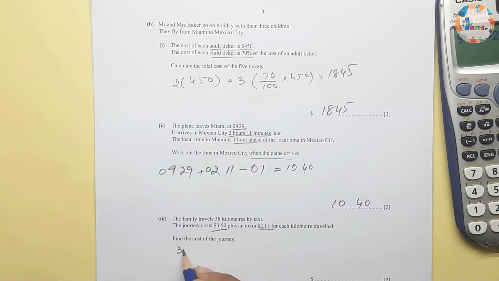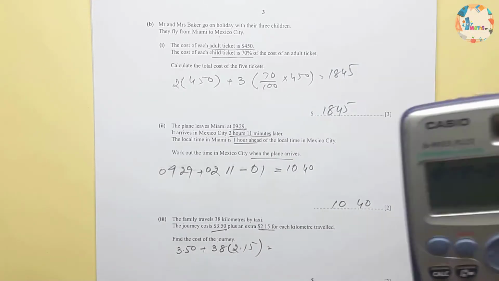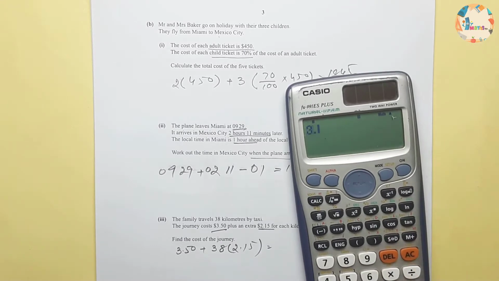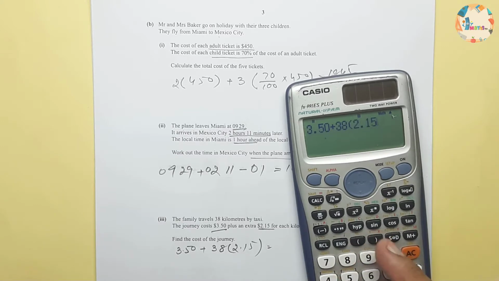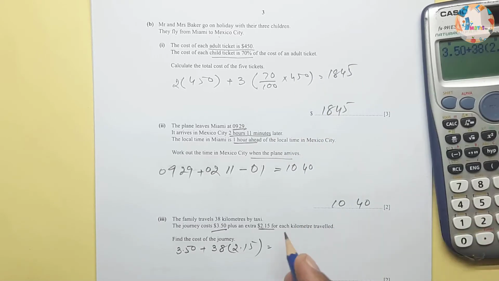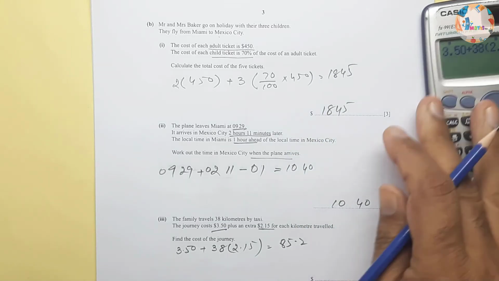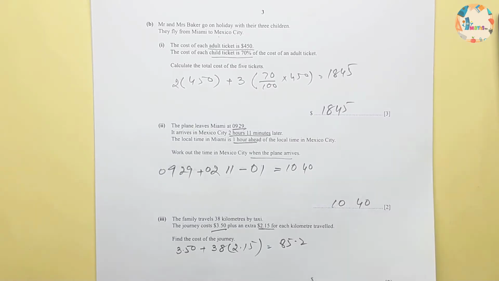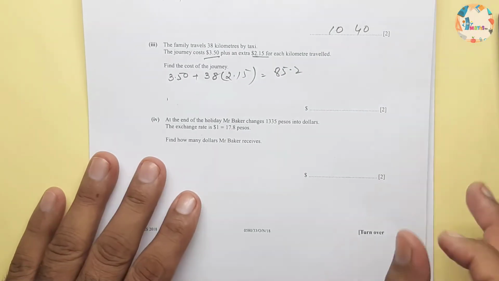So 3.50 is the hiring cost, plus 38 kilometers at a rate of 2.15 per kilometer. So the total cost will be 3.50 plus 38 into 2.15, and this will be equal to 85.2. So 85.2 will be our answer.